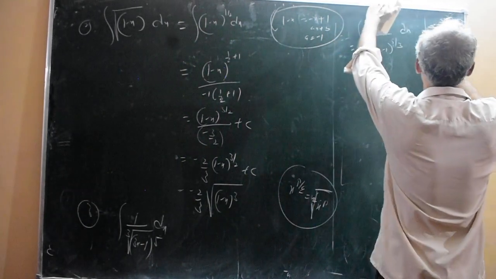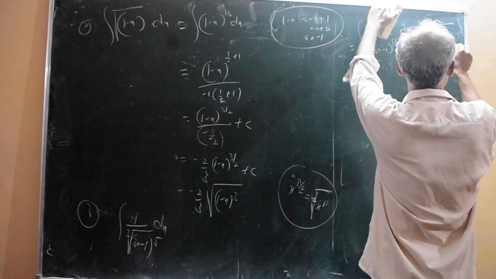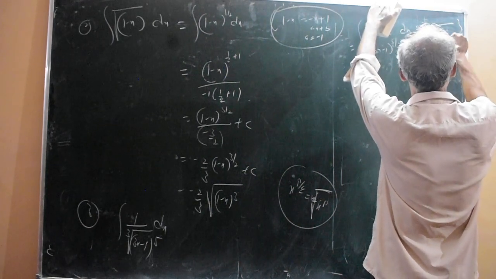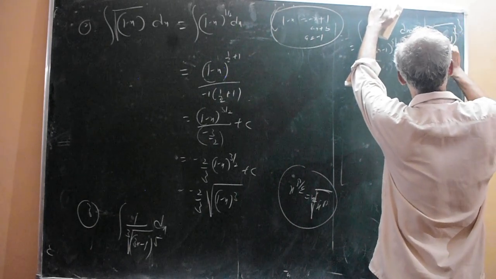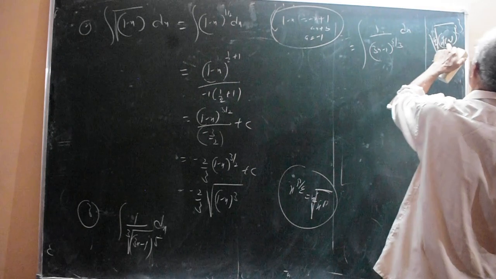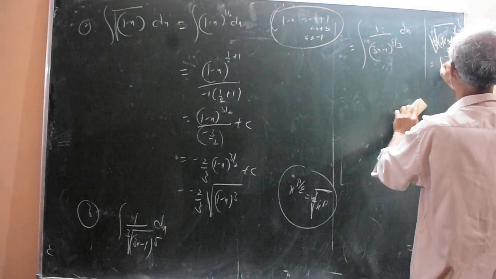Because the cube root of x raised to p equals x raised to p by q. Not only x, any function of x: the cube root of f of x raised to p is f of x raised to p by 3.